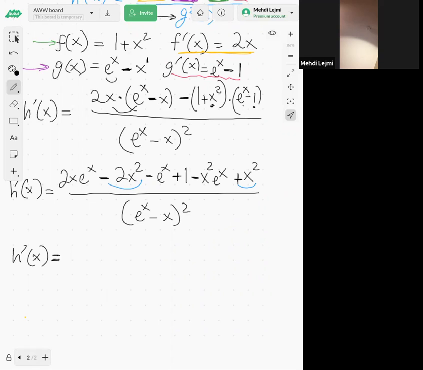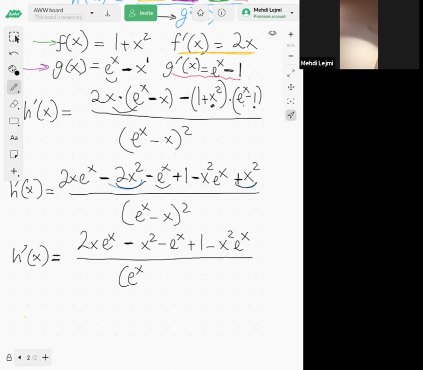So here we're going to have 2x e to the x minus 2x squared plus x squared, that will be minus x squared. And then there is minus e to the x plus 1 minus x squared e to the x, over e to the x minus x squared. Right? So that's the answer.